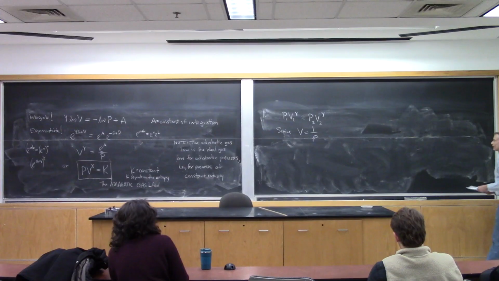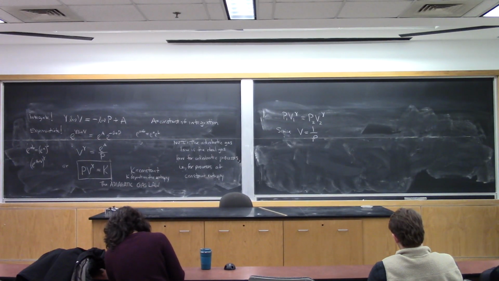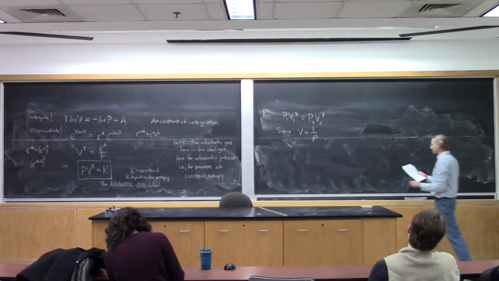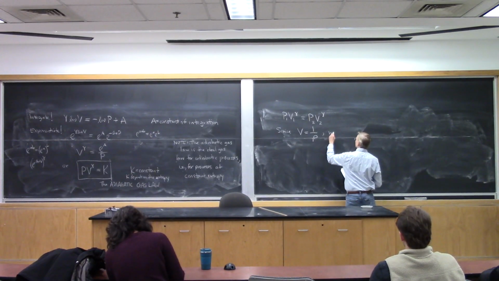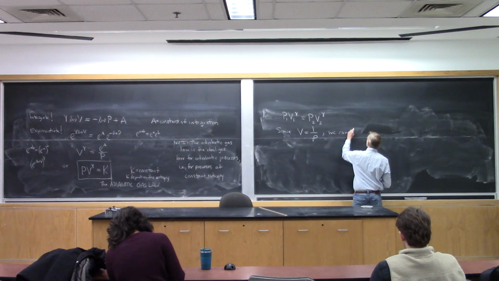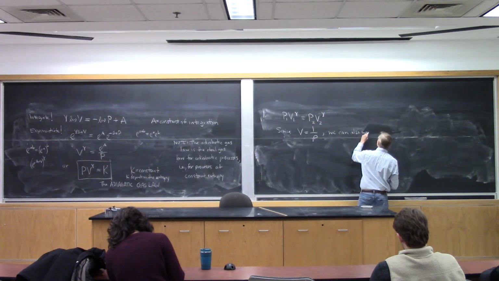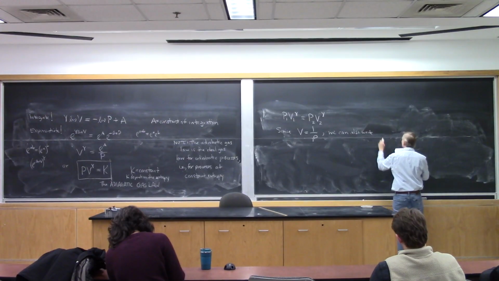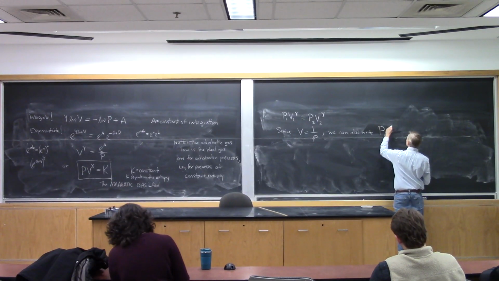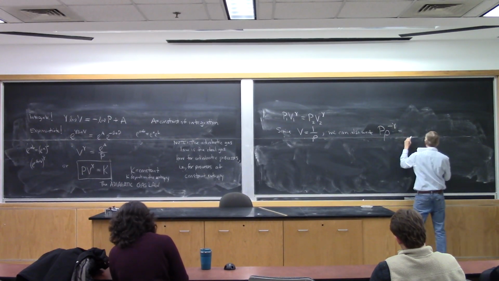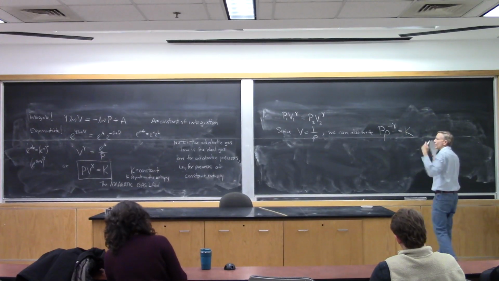So in our everything-is-per-unit-mass universe here, V is 1 over rho. Since V is 1 over rho, we can also write that P rho to the minus gamma is equal to some constant.